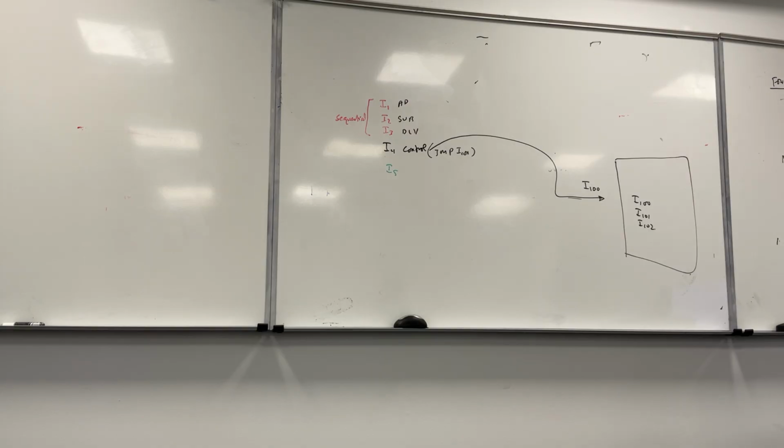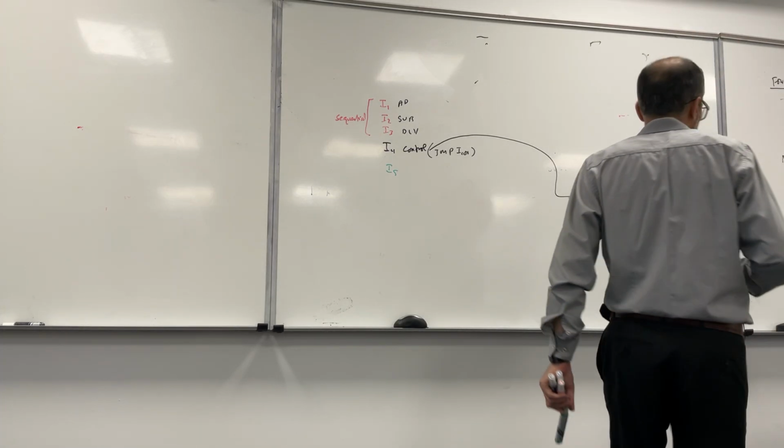Even if we have fetched I6, we need to flush I6 because we do not need I5 and I6. They are unnecessarily fetched. Okay? So this kind of hazard is called which hazard? Control hazard, or branch hazard.